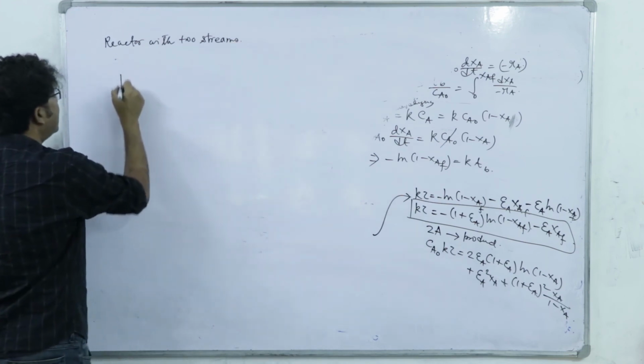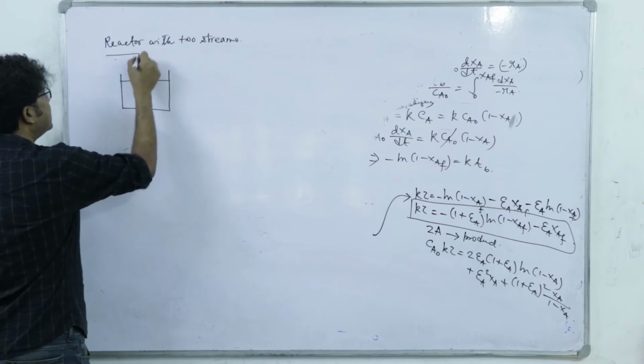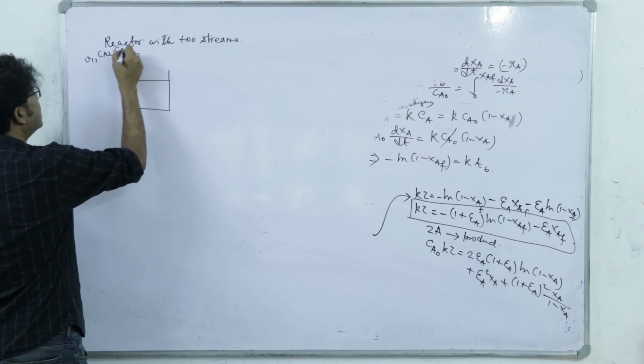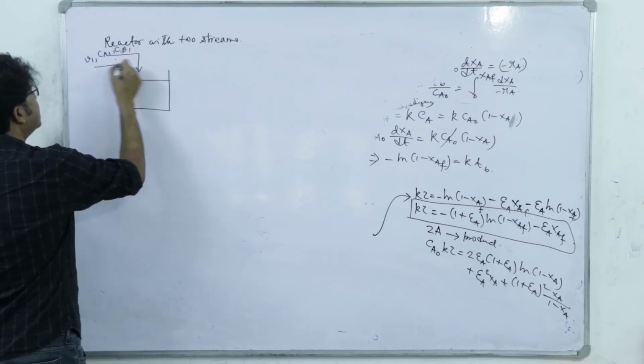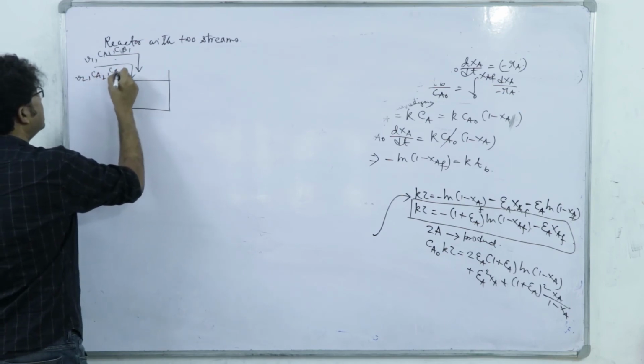Like I have a CSTR, here I have V1, a stream volume flow rate, its concentration is Ca1 and Cv1, another V2, concentration Ca2, Cv2.